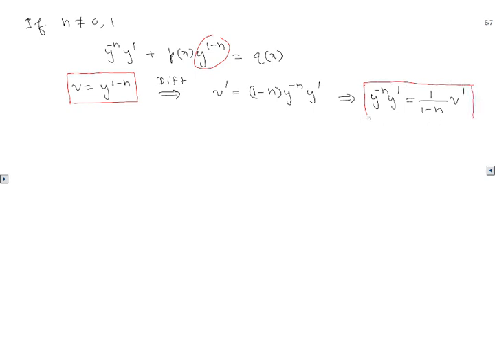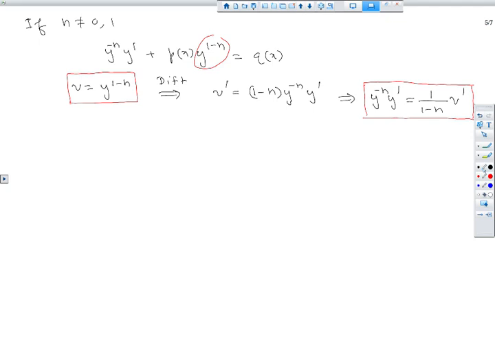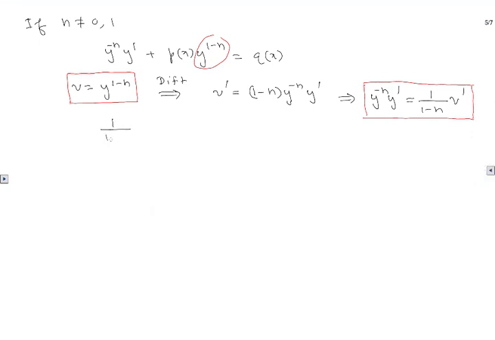And it's very clear that n is not equal to 1 in this case, because otherwise you are dividing by 0. After we get that, we can substitute it into the equation, and your equation becomes 1 over 1 minus n v prime plus p(x) v equal q(x).